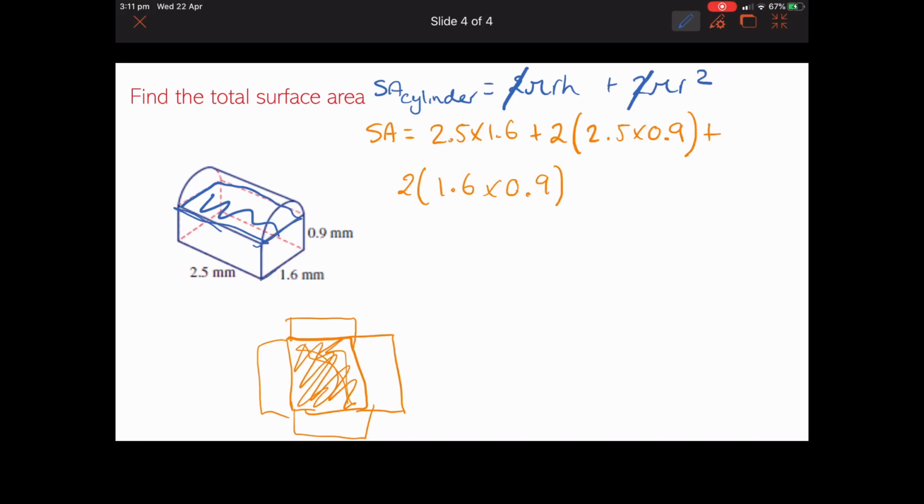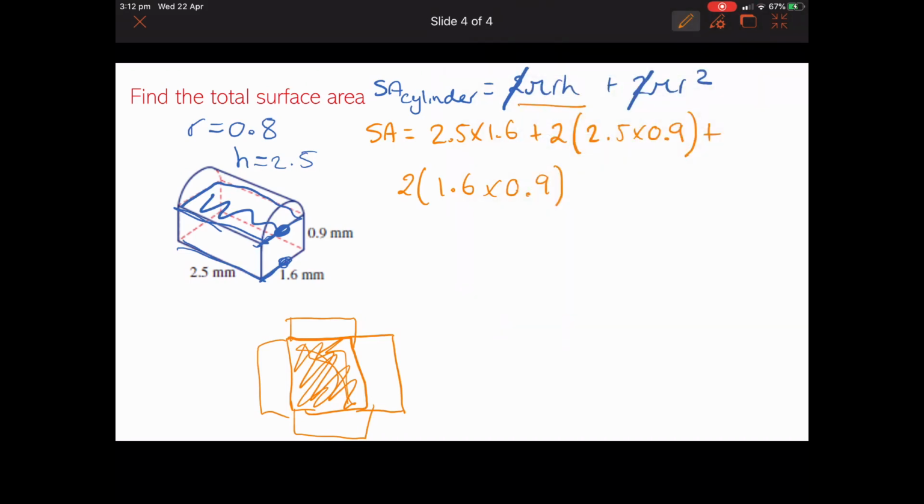and I'm going to think about what my R is. My radius is going to be half of this length here. So my R is going to be 0.8, and my height is going to be this length here. So height is 2.5. Let's add that to our formula.